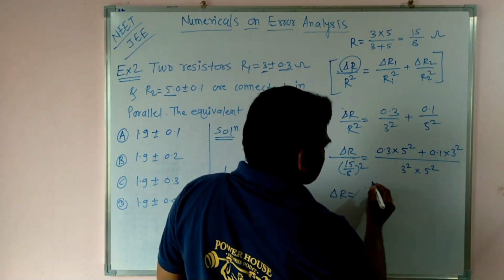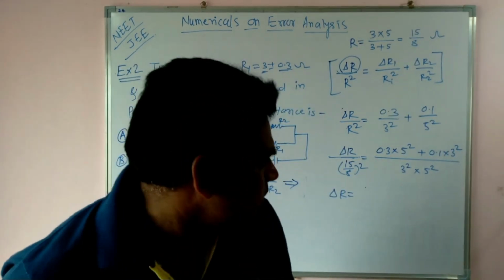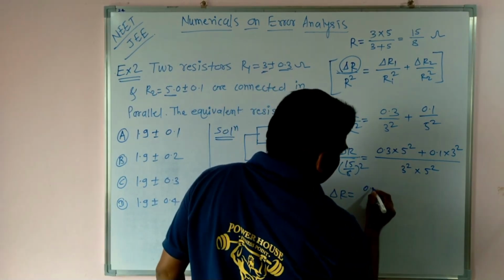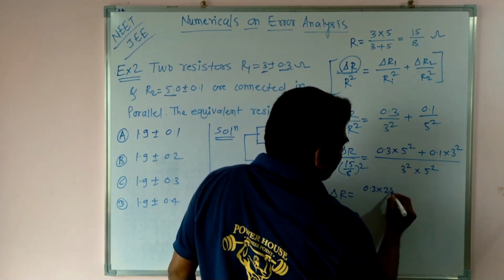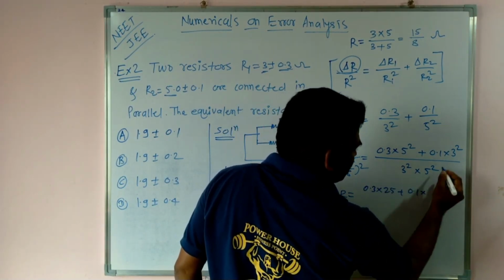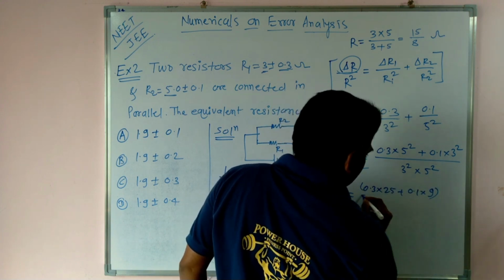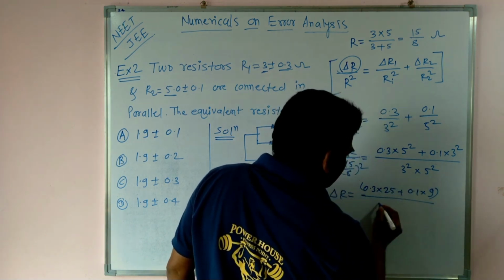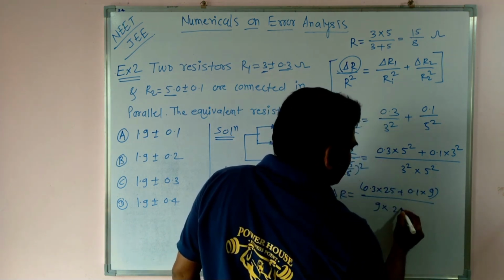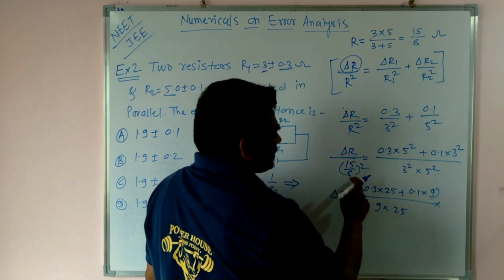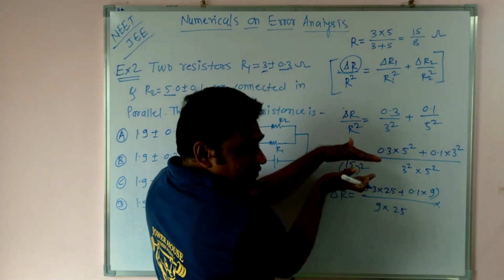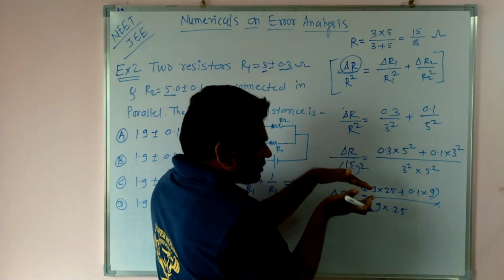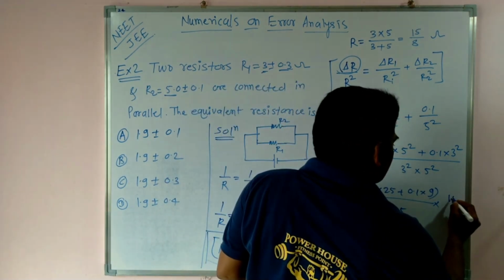So let us calculate this. 0.3 into what? 25, plus 0.1 into what? 9, divided by 3 square into 5 square, 9 into 25. This complete value in the denominator, this will go in the numerator.